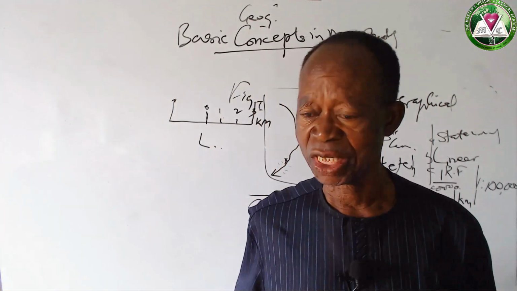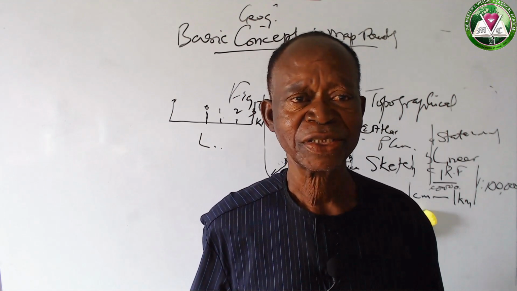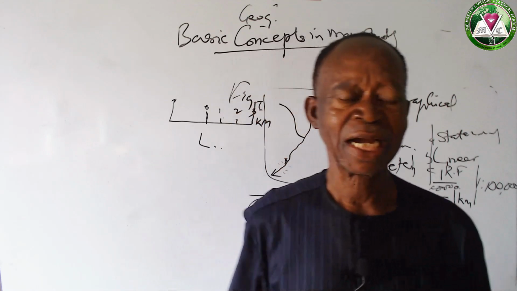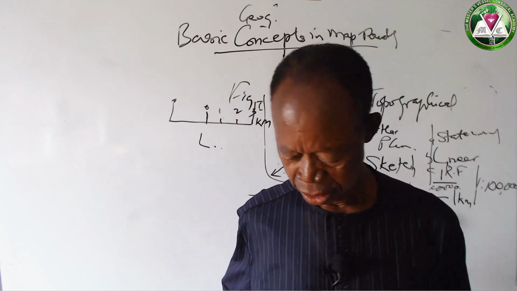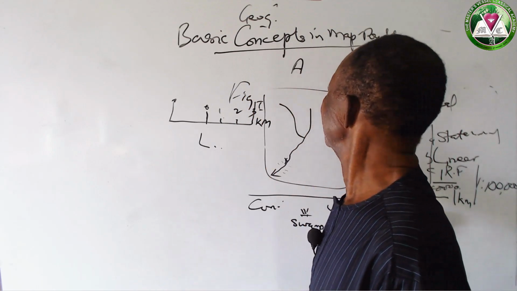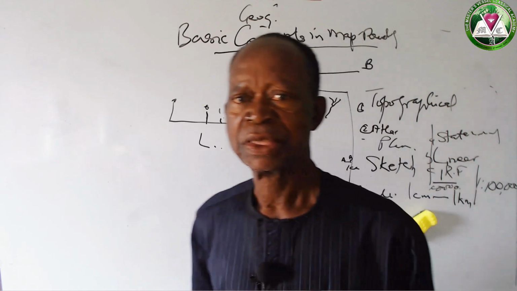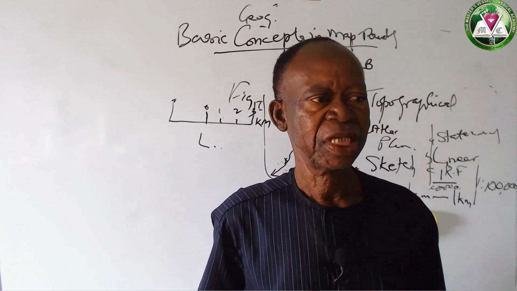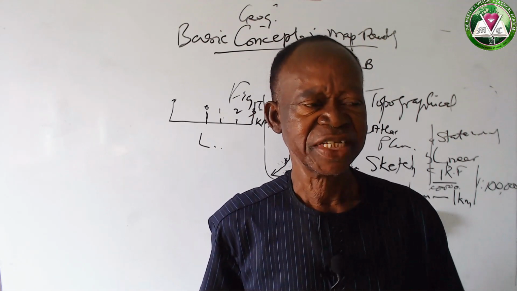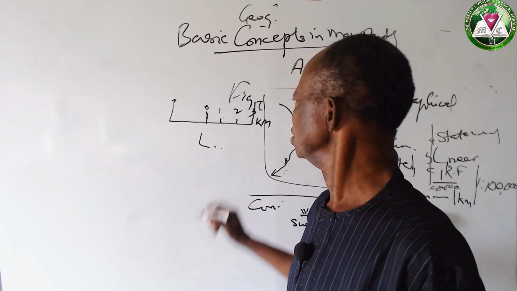And what we have to do now is to measure A to B from what I have on the board here. Assuming that A to B is 10 centimeters, everybody try to work it out.